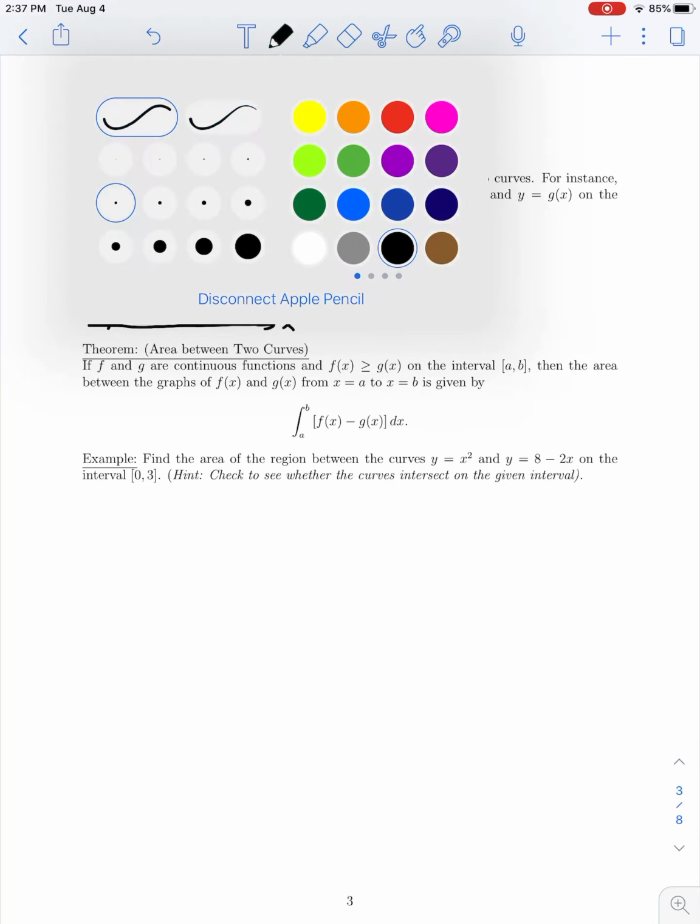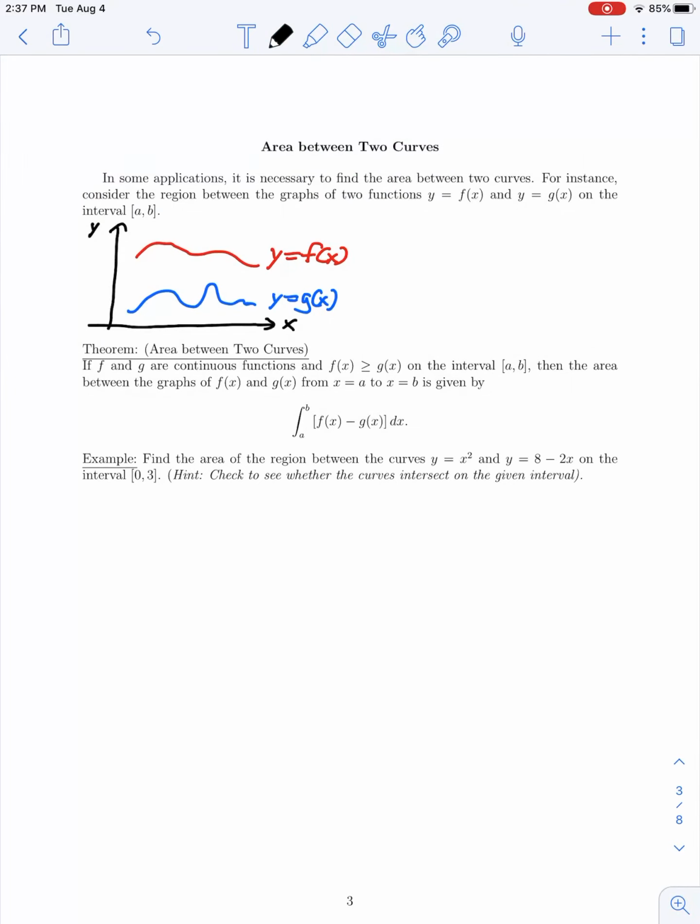And we consider the region between these curves on the x interval from a to b. So let's say that I want the area of this shaded region that lies between those two curves.